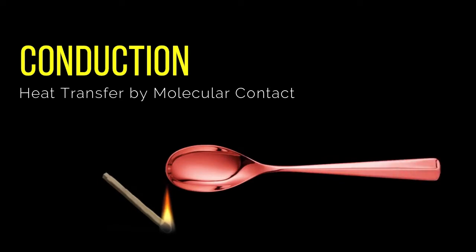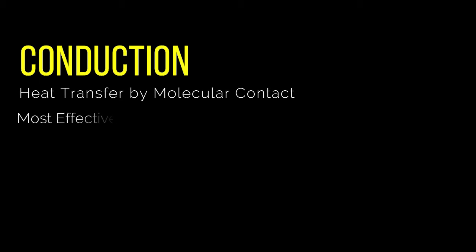That is what we call conduction, where the energy from the flame is causing the molecules within the spoon to vibrate, and that is transferring energy from one to the next until the entire spoon has warmed up. That heat is transferred throughout the entire material. Conduction is going to happen most effectively in solid material.